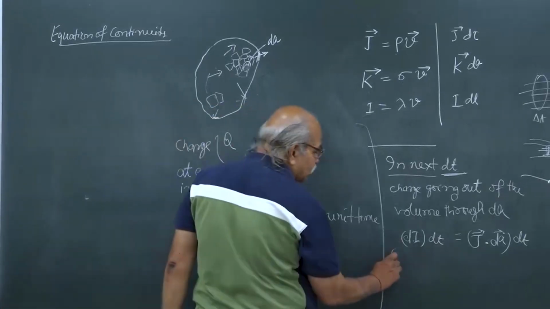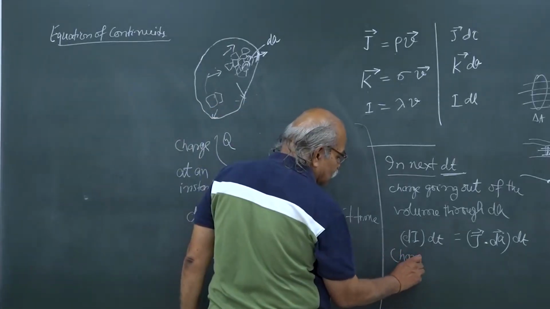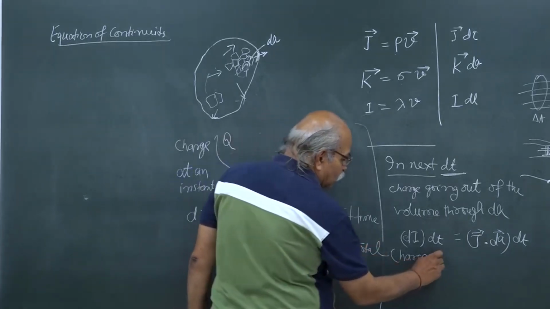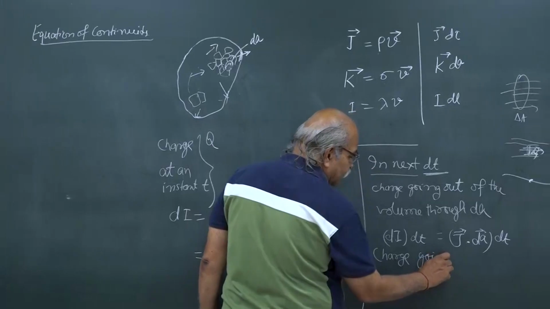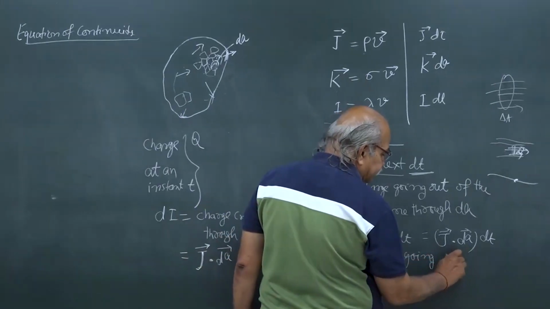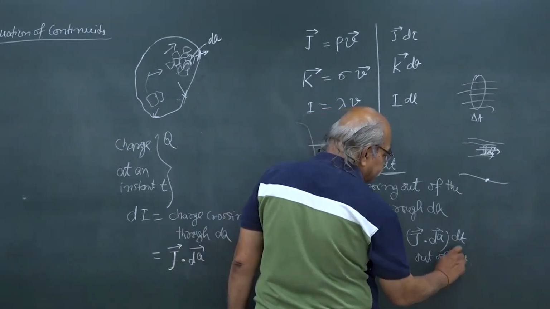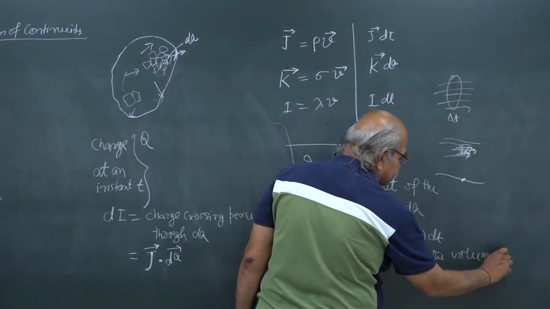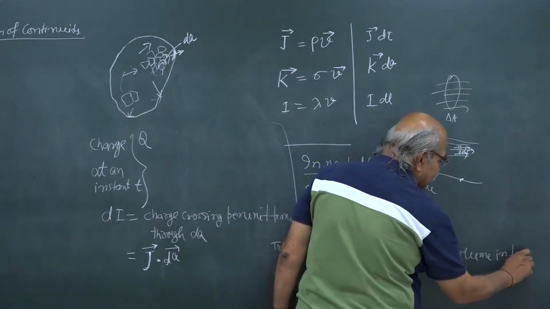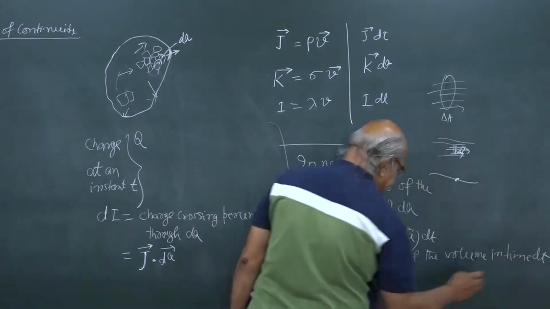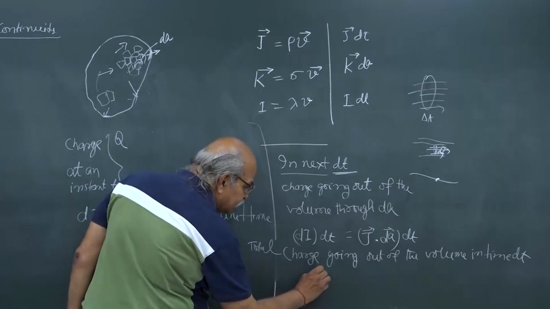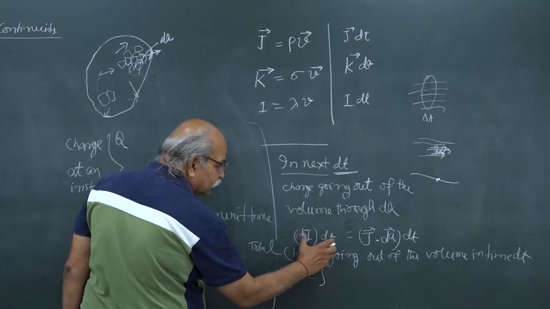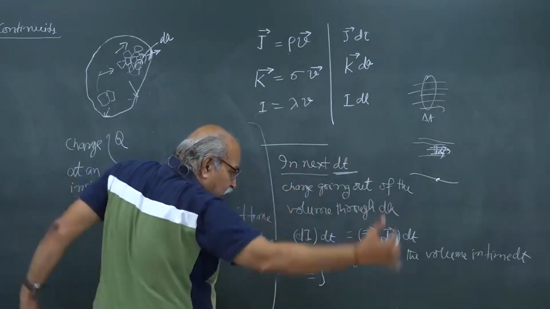So, the total charge going out of the volume in that time interval dt will be the integration of this thing. This is your charge going through dA, and then the entire surface.